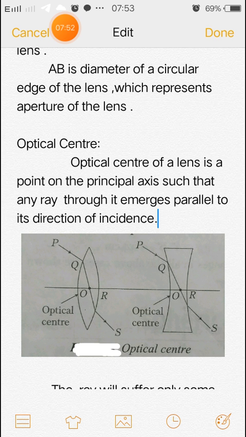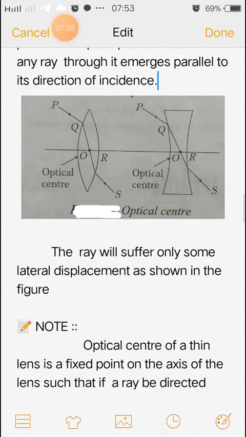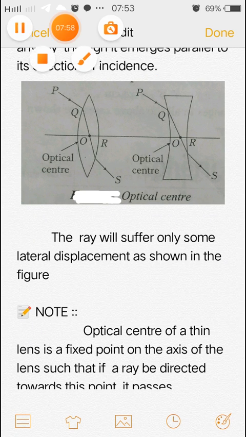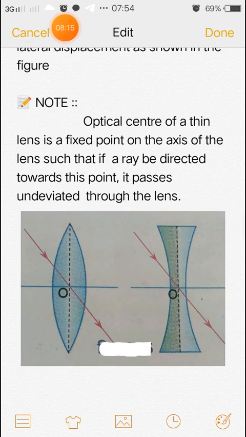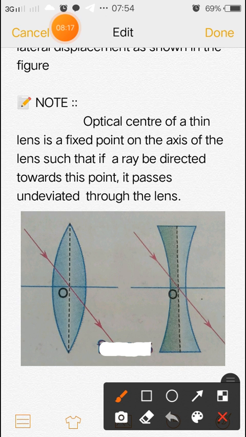The ray will suffer only some lateral displacement, as shown in the figure. Note, if we take a thin lens, the definition changes.